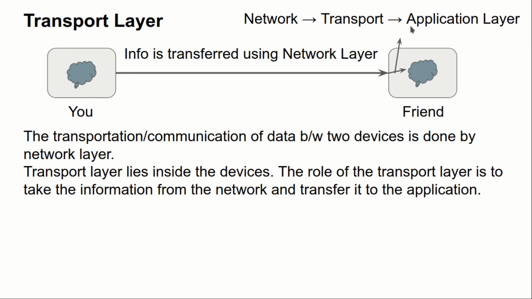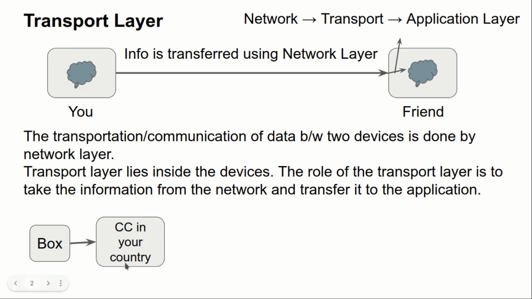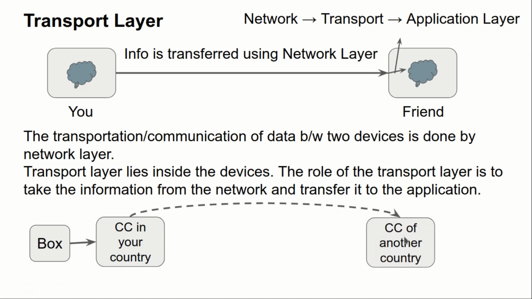Let's take another example. Here is a box that you want to send to your friend. You will go to the courier company in your country. That courier company will transfer your box to the courier company of another country, where your friend is present. After that, the courier company of that country will transfer the box to your friend's home.